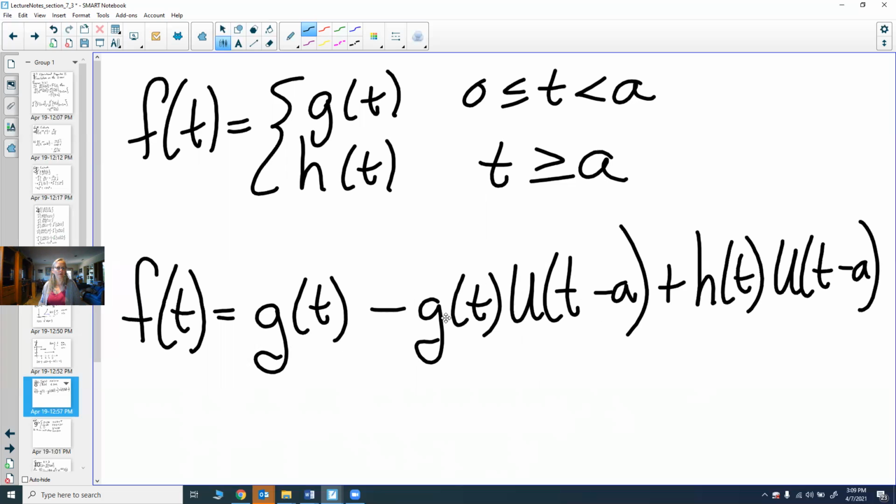That means it will now be 0 before, now it's 1, so g of t minus g of t, of course, is 0, it goes away. And then we want to add on h of t, which we turn on at t minus a. So basically this turns off g of t and turns on h of t. This is your normal notation that we use.